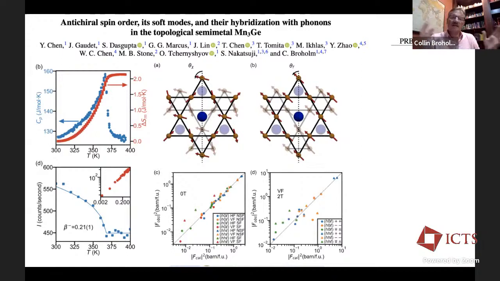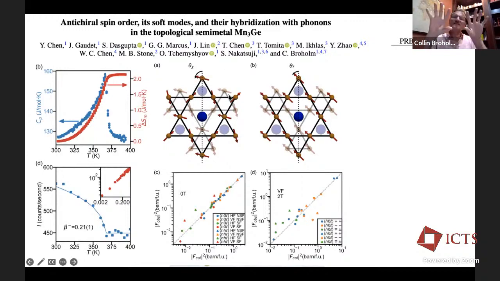But having a second order transition, we can actually use representation theory, as I mentioned, and it turns out that the only magnetic state which involves an in-plane ferromagnetic moment is the one that I've shown here, which is the Gamma 9 IREP. And very interestingly, this is a so-called anti-chiral state that involves spins at 120 degrees to each other on each triangle.